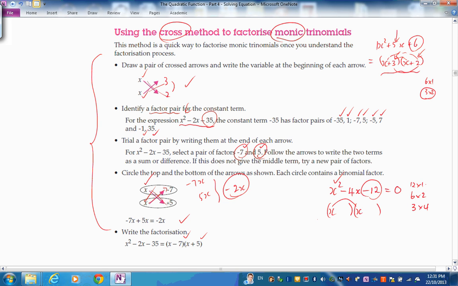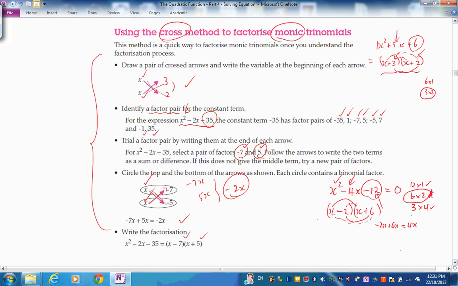What combo of these is most closely linked to neg 4? Can you see it? 6 and 2. Take them away, it gives 4. So let's play. We want neg 12. It's negative, so one of these must be negative. So we could try neg 2 and plus 6. Neg 2 by 6 is neg 12. Yep, that'd work. But look out, neg 2x and 6x is 4x.